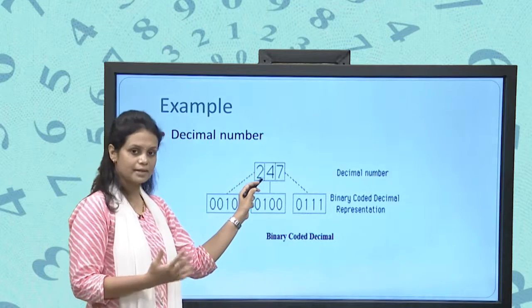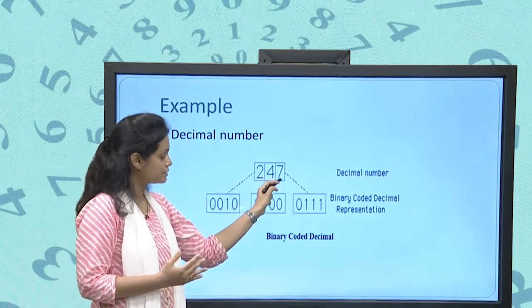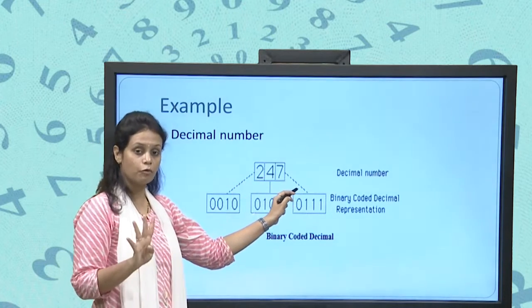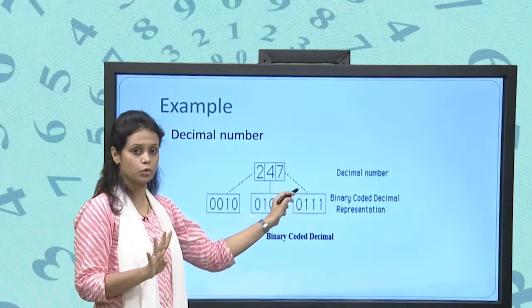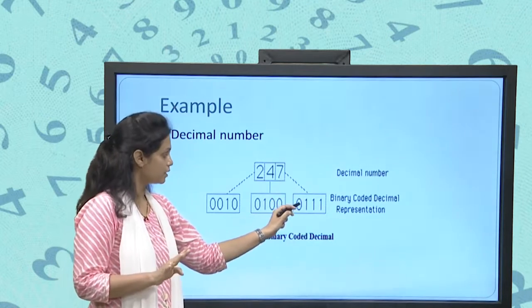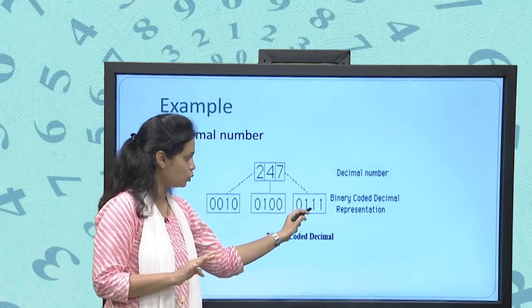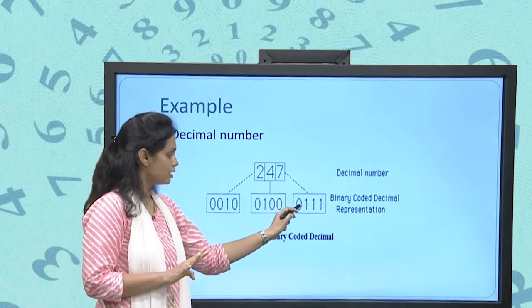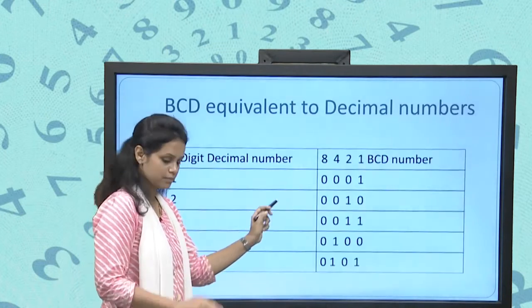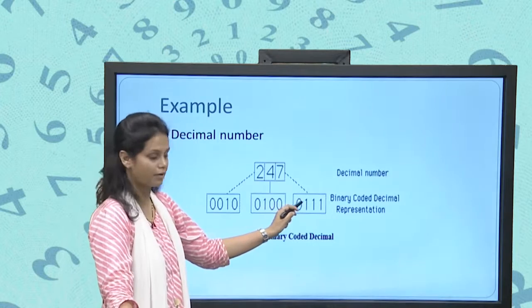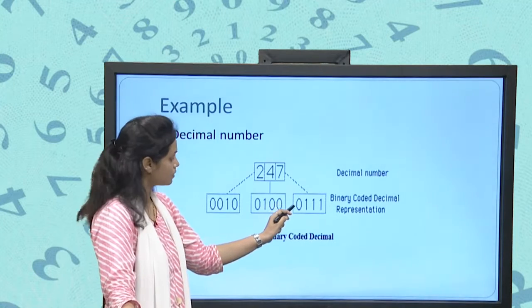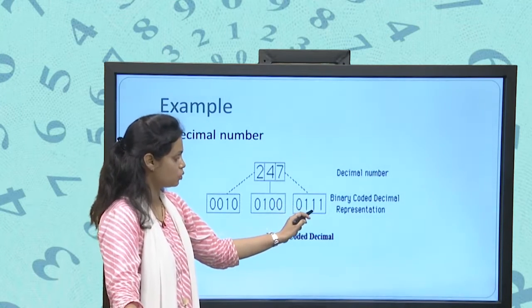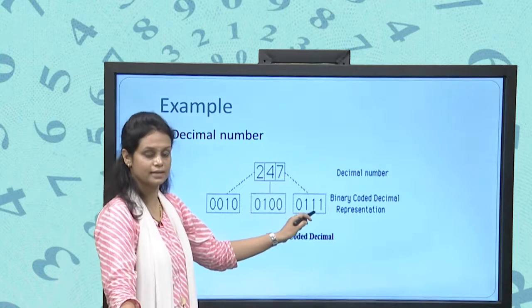After separation, 7 is represented using 4 bits. That means we have to use 4 bits. Fine. This is the 8421 format. How is 7 represented? This is 8421. So 7 is 4 plus 2 plus 1. So this is the 7.